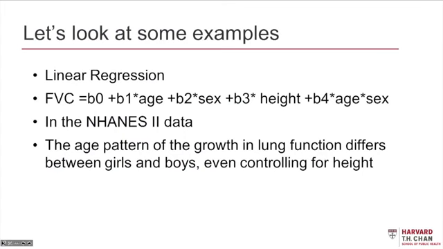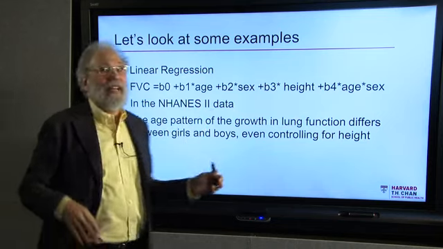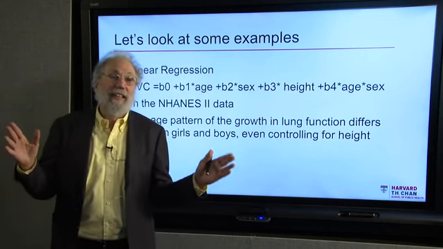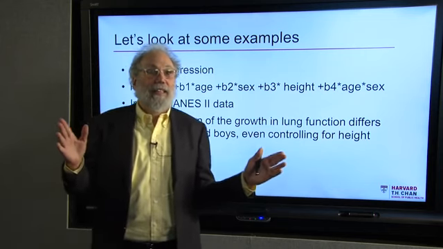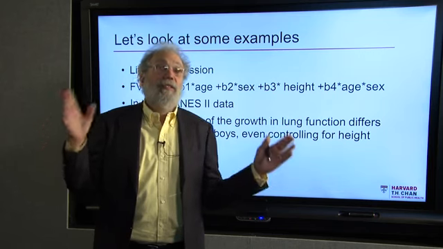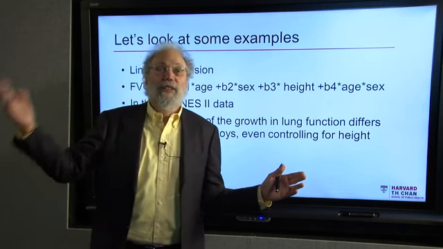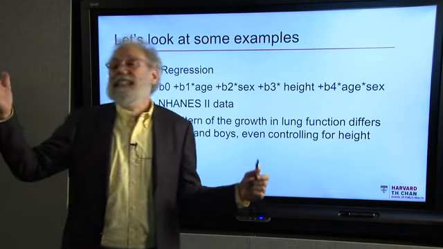How do I do that, right? So in linear regression, it's straightforward. Let's say I want to look at lung function in the NHANES 2 data. In the NHANES 2 data, lung function was obtained in children from age 8 to 18, I think.